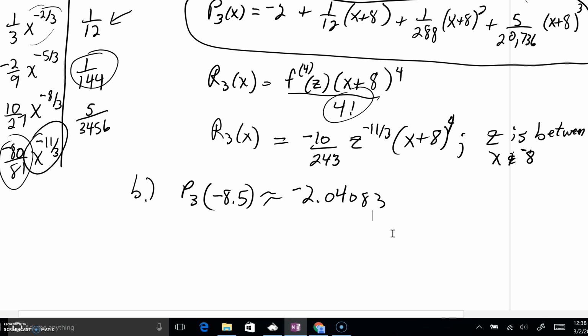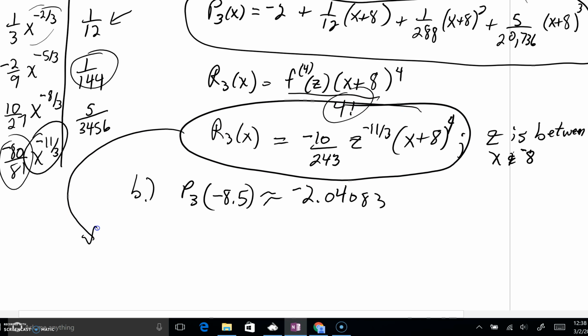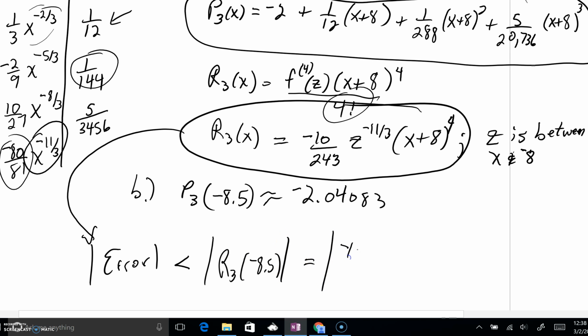Well, our error, and we're going to go right from here, this simplified form right here, for our Lagrange error bound, our error in absolute value has to be less than R3 of negative 8.5. So that is the absolute value of negative 10 all over 243.